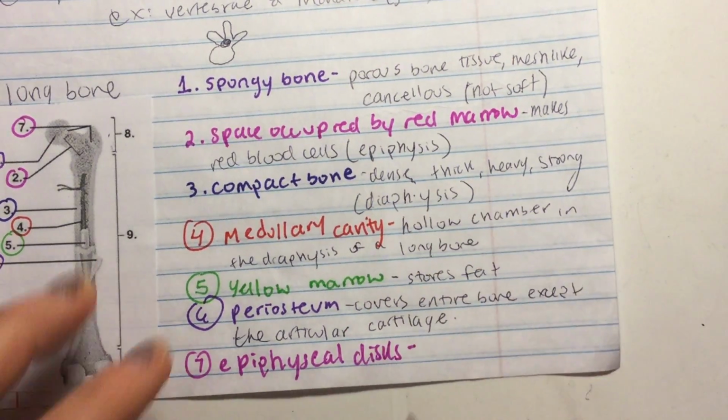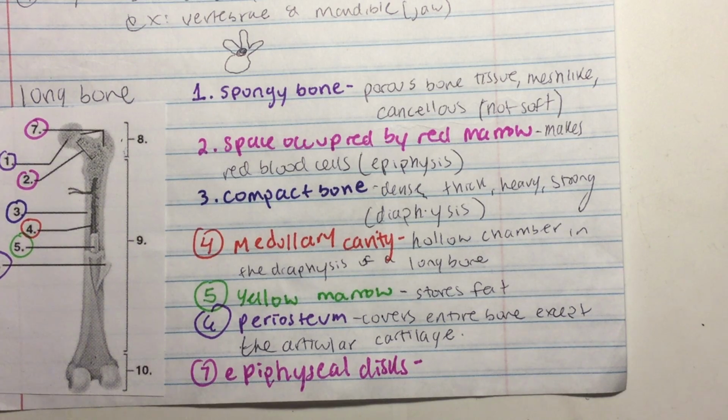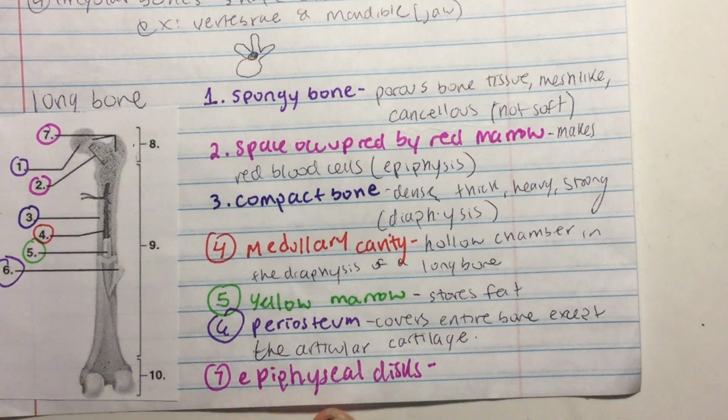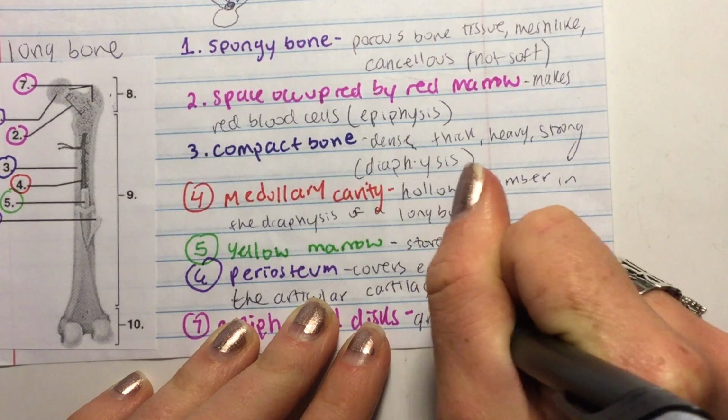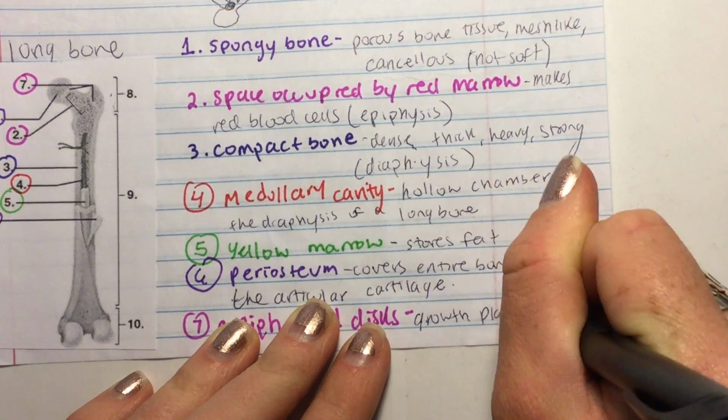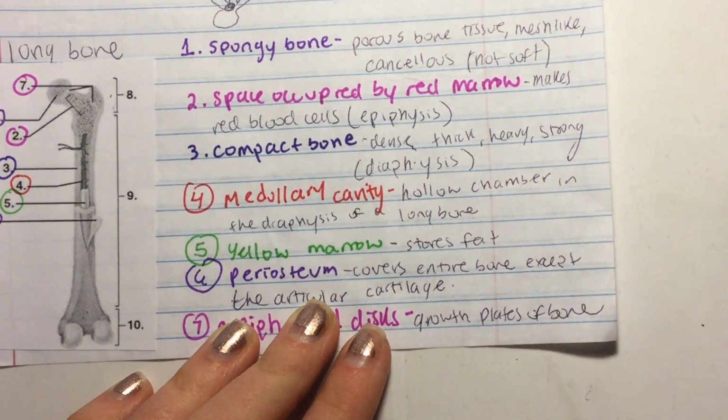And they're just those little line-like looking things kind of near the top. Now, the epiphyseal discs is where the bone grows from. So we could just say the growth plate type thing. So this is where the bone grows from. We'll say growth plates of bone.